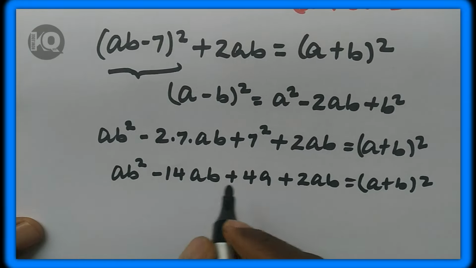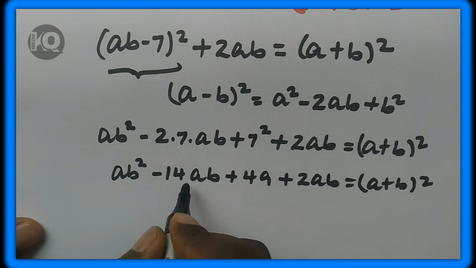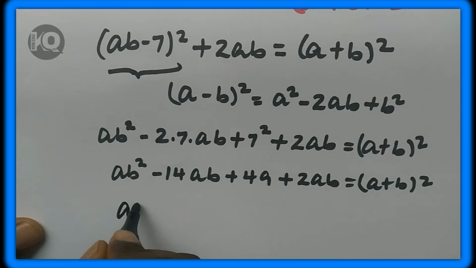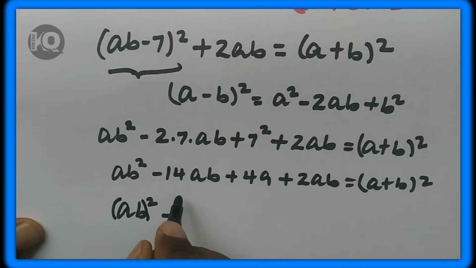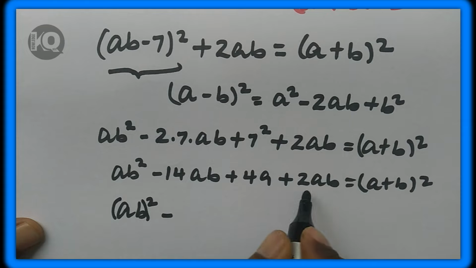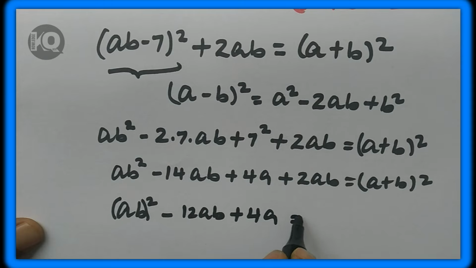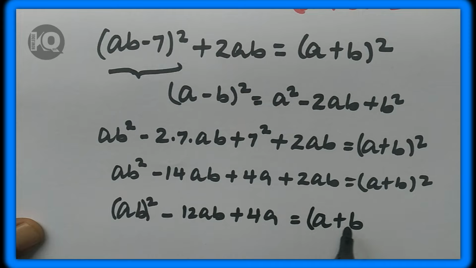So now let's collect like terms, that's −14ab and also 2ab. So it will be (ab)² − 14ab + 2ab, which is −12ab, + 49, which is equal to (a + b)².